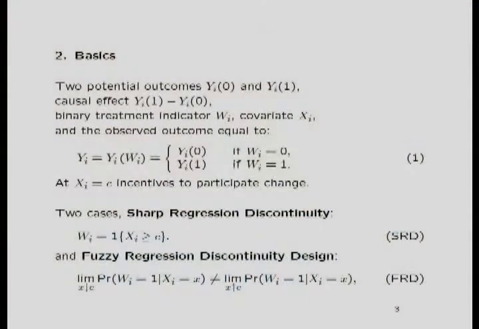So let me set up the basic framework, and that's very similar to what we looked at this morning. We look at the effect of some binary program. There are two potential outcomes: y0 and y1. The causal effect we're interested in is the difference y1 minus y0.